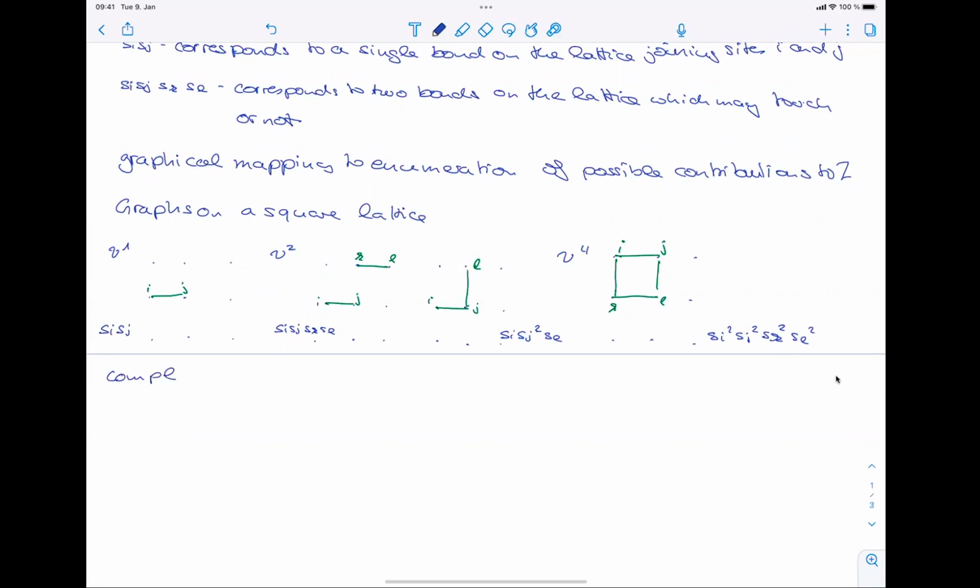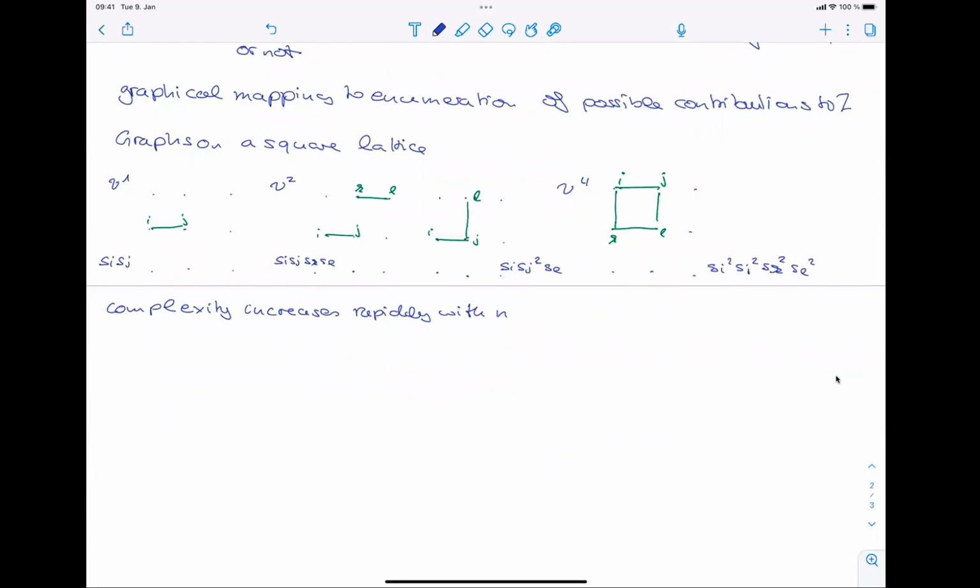And to appreciate that the complexity of these structures that can form increases rapidly with n.